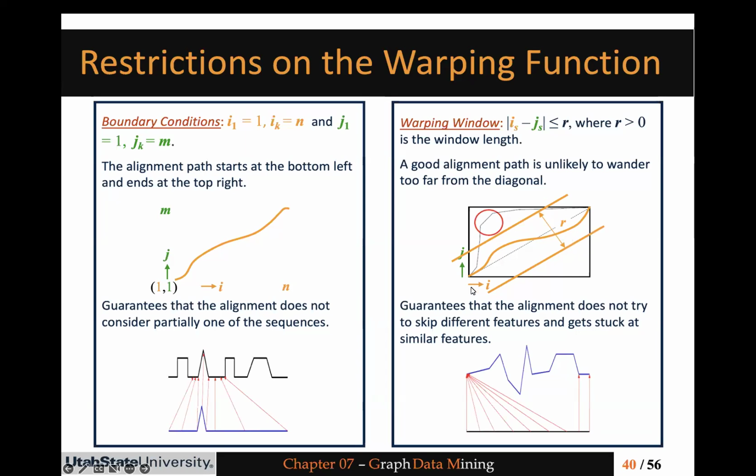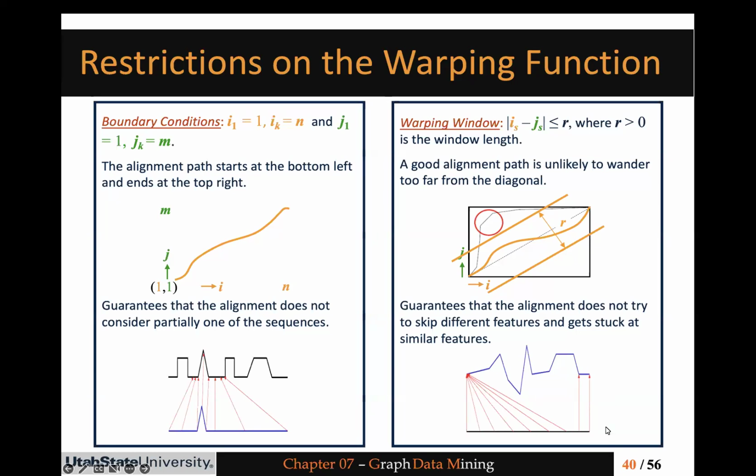And here the radius is nothing but everything which is inside of this rectangle here, which is kind of like an envelope around the perfect diagonal line on the warping matrix over here. So here the path, which is the blue or the black line over here, is outside of the radius, and therefore it is a clear violation of the warping window.